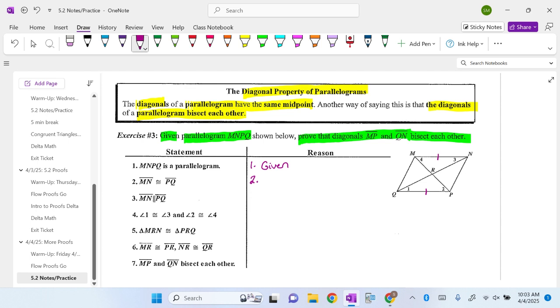What's true about a parallelogram in terms of its sides? The opposite sides are congruent. So the reason for this is opposite sides of a parallelogram are congruent.